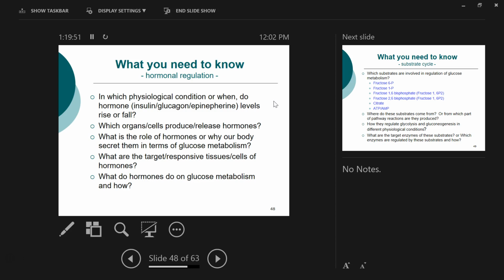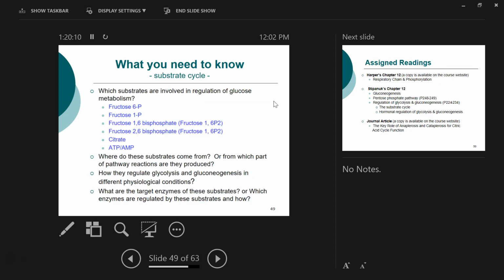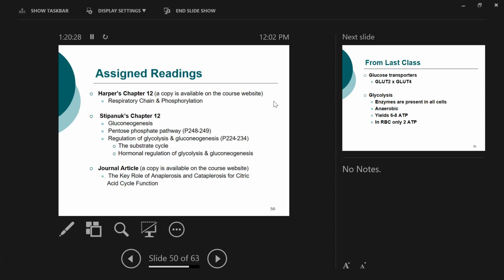So hopefully you can go through these questions and be able to address all of them. I think it also serves as a sort of study guide, right? I've also listed the substrates that you probably want to know, how these substrates regulate the pathway activities or enzyme activities in each pathway. All right.